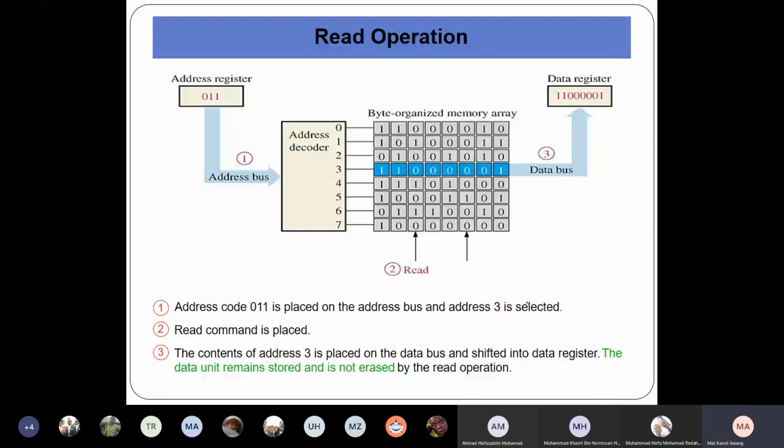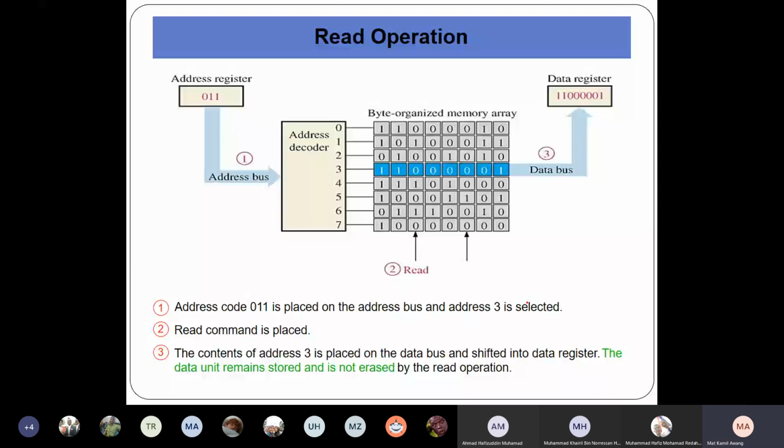So basically, when you are doing a read or write operation, you have the addressing part of it, which involves the address bus, the decoding of the address, then the memory, the data register and the data bus.